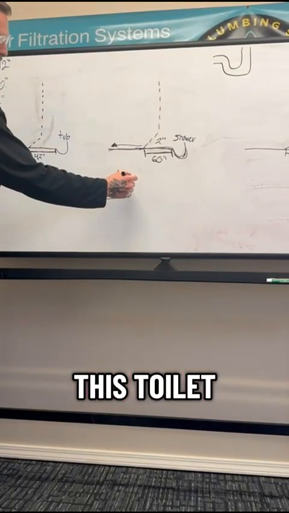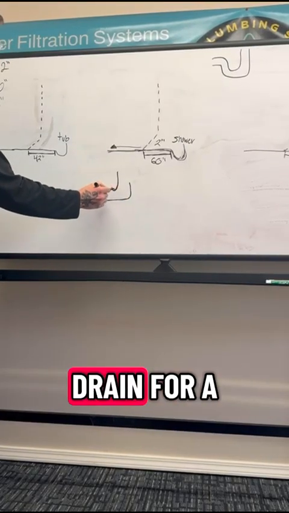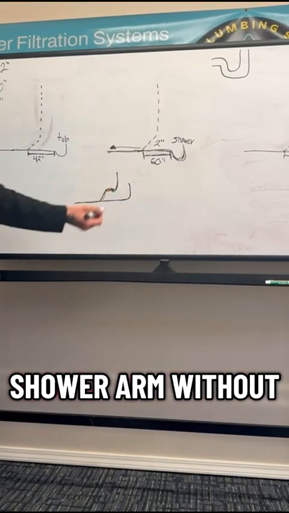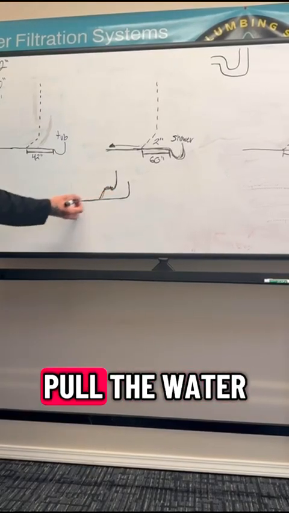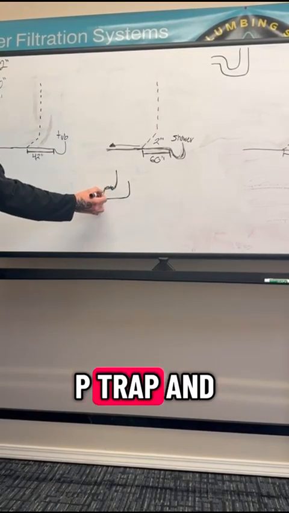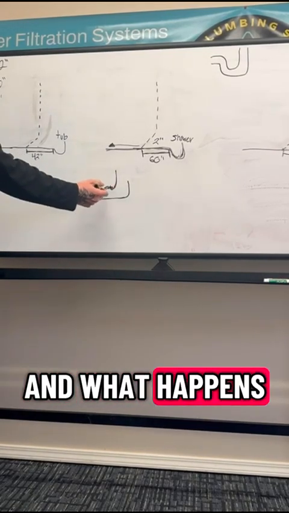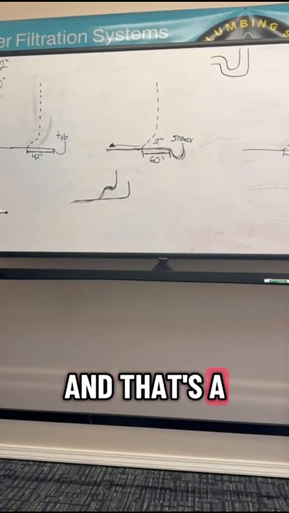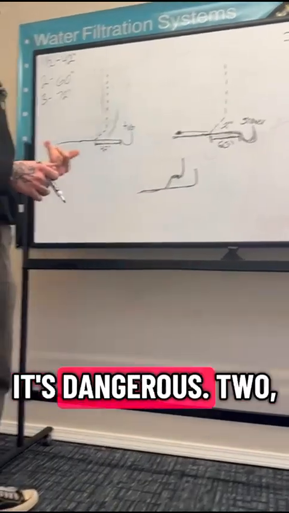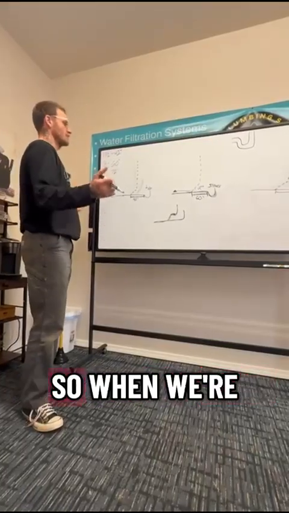If we flush this toilet and water goes down past the drain for our shower arm without a vent, it can actually pull the water out of this P-trap and go down because it creates a vacuum. And what happens when we don't have water in a P-trap? Sewer gases get into your house, and that's a big no-no. One, it's dangerous. Two, it's smelly and disgusting. We don't want anything like that.